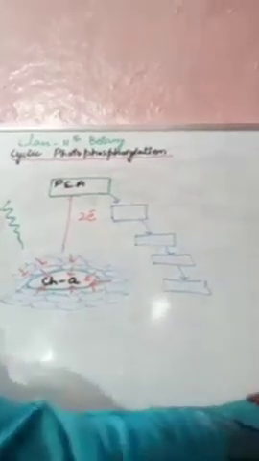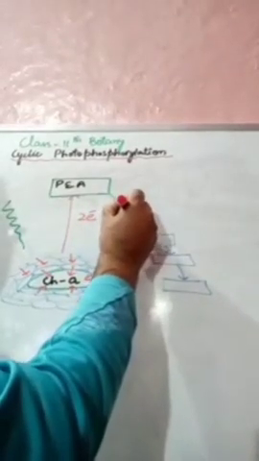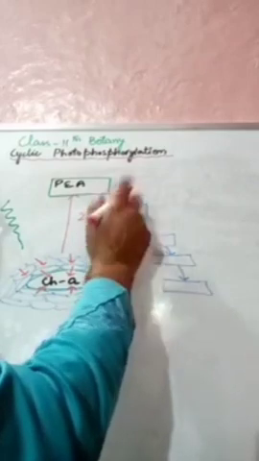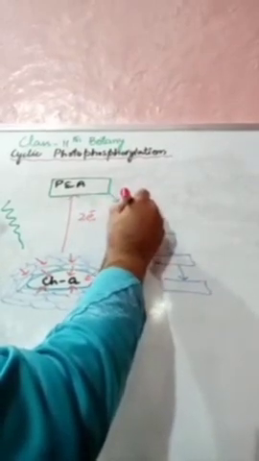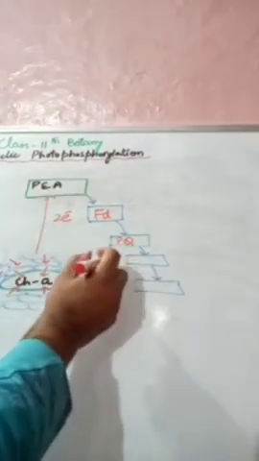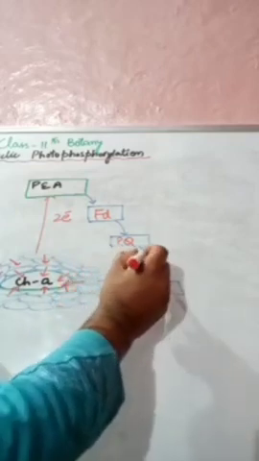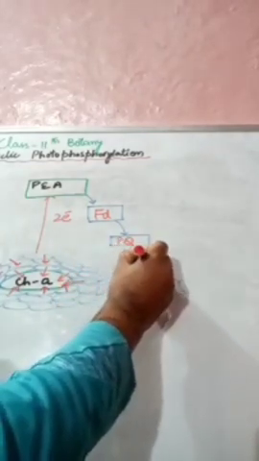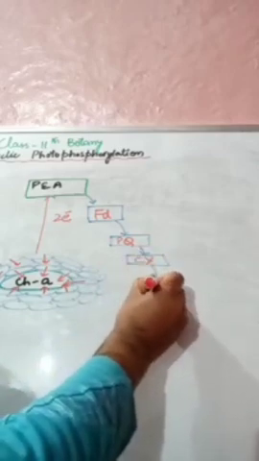If we talk of the first one, this is ferredoxin, and the second one is PQ, which is called plastoquinone. Then we have the cytochrome complex CY. Then we have PC, which is called plastocyanin.